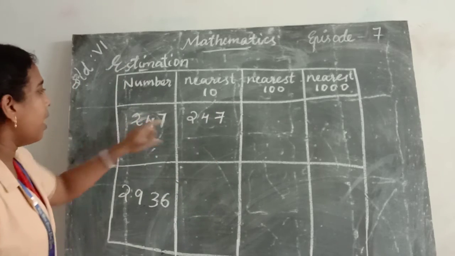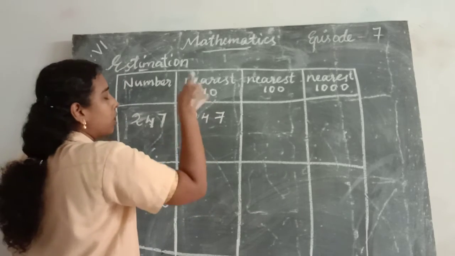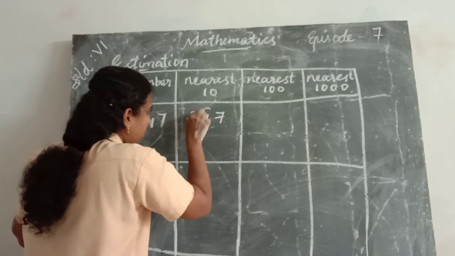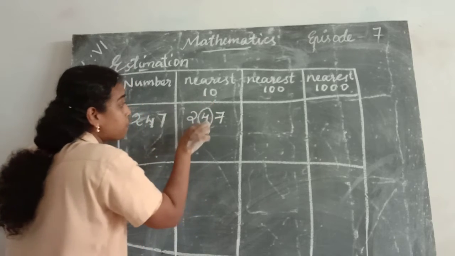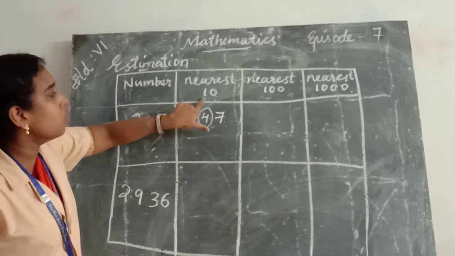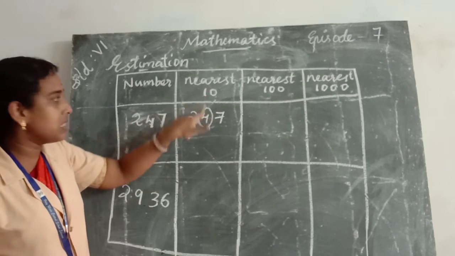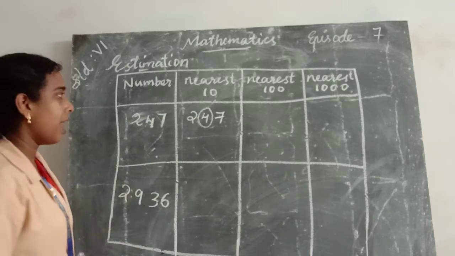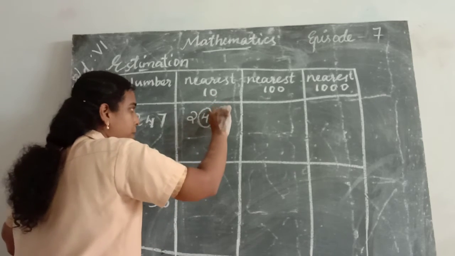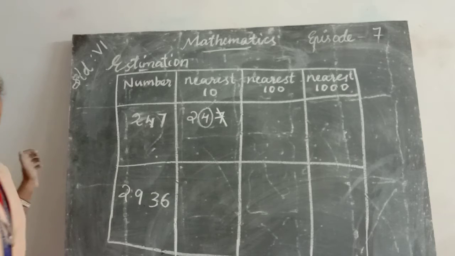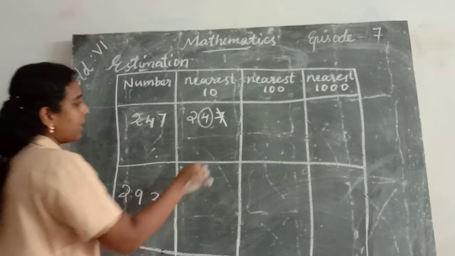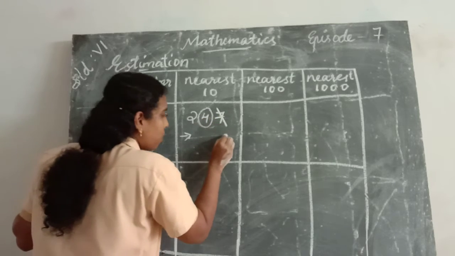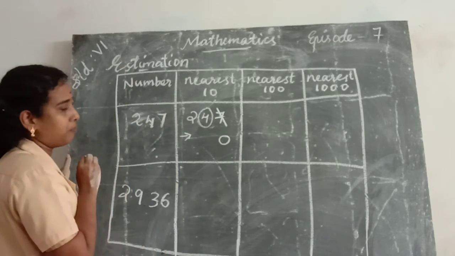So we round the digit at the tens position, because we want to round off this number to the nearest 10. And then the digits that come before the rounded digit stay. For rounding off, we write 0 at the off digit position.